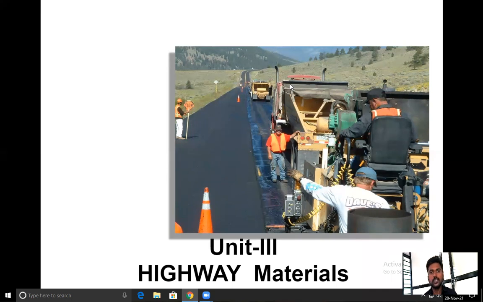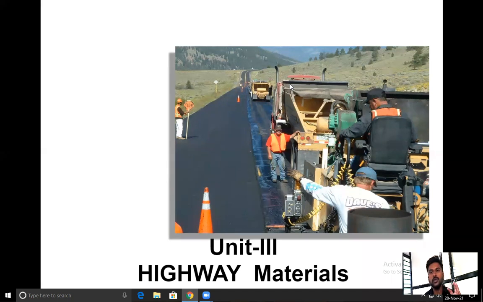So you should understand how the materials are used on the site, and how to perform tests on the various kinds of material on the site. Mainly we are dealing with soil, aggregates, and bitumen.